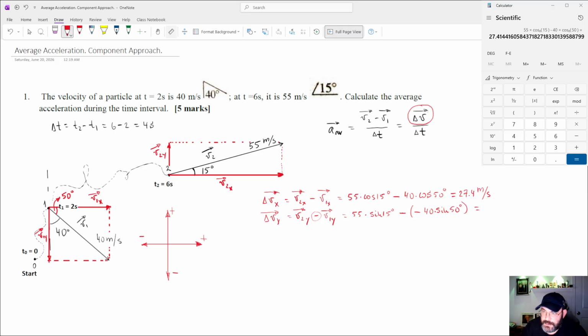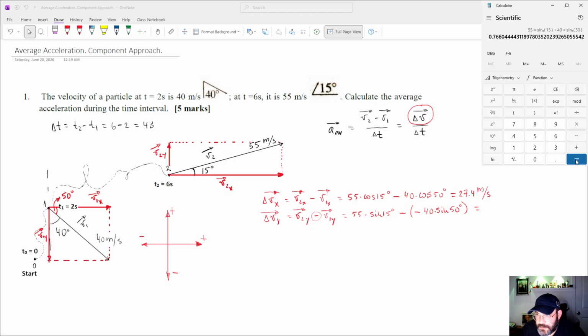So we have 55 multiplied by sine 15, and then minus on minus gives us plus 40 multiplied by sine 50.